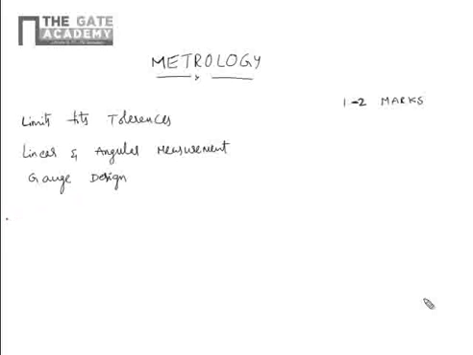So first we start with limits, fits, and tolerance. What is limit? For any manufactured component there must be an upper limit and a lower limit. These are called limits. Two extreme permissible sizes are called limits.